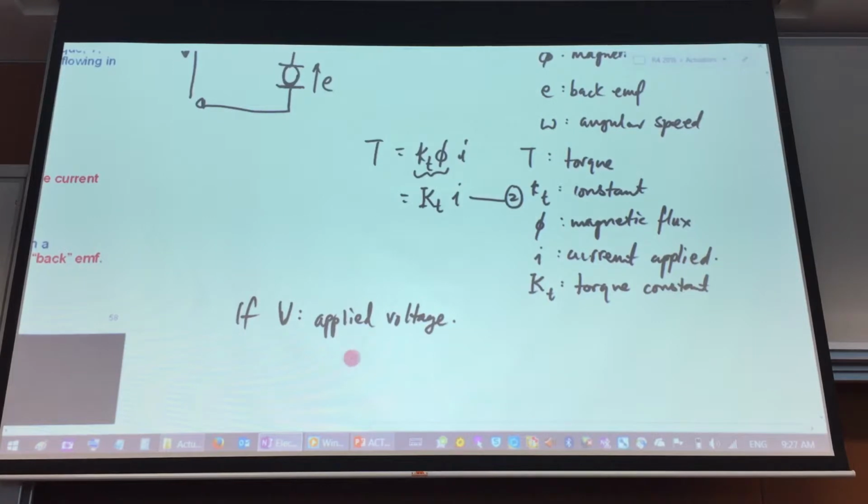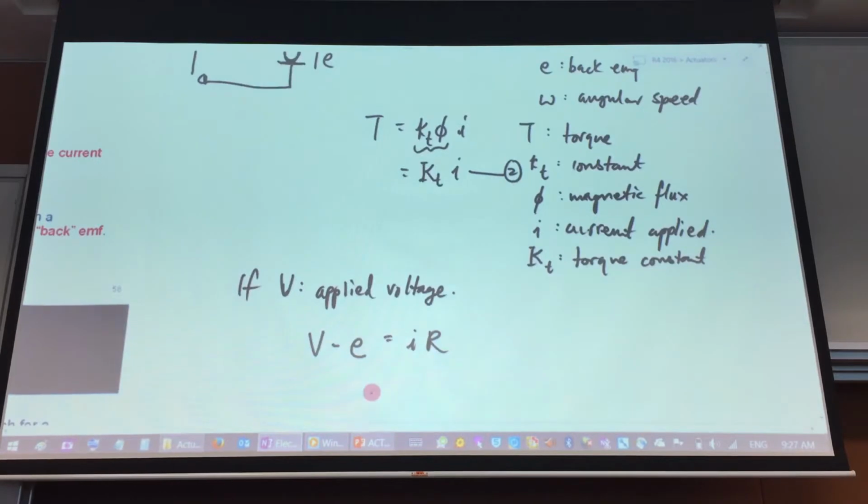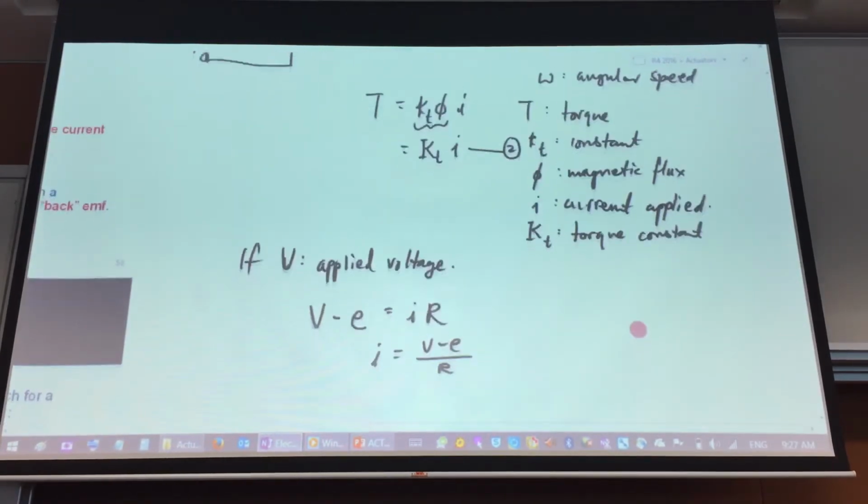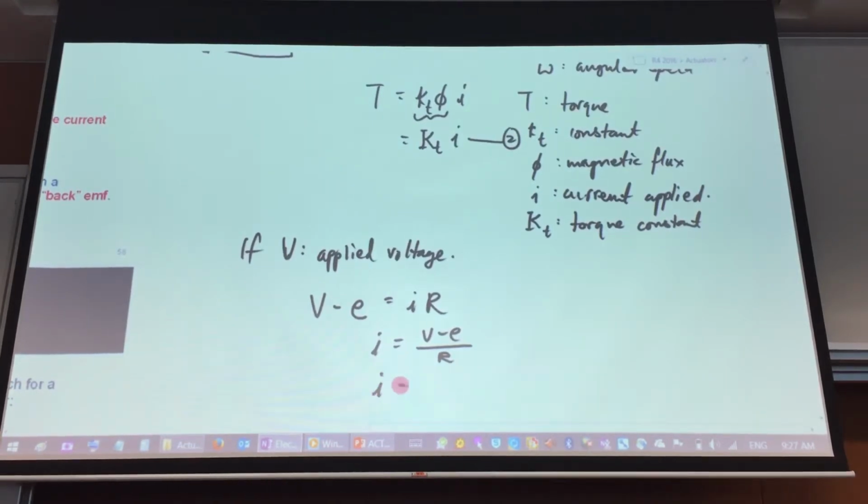V is equal to IR, whereas in this case, from that V, you must minus away the back EMF, equal to current multiplied by resistance. And we could simplify this. I equal to V minus E divided by R. And what I'm going to do is to replace that E. So I is equal to V minus KV omega, and then divide by R.